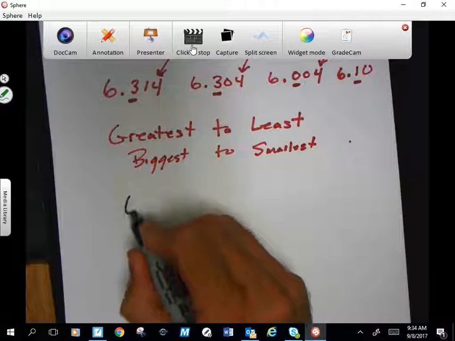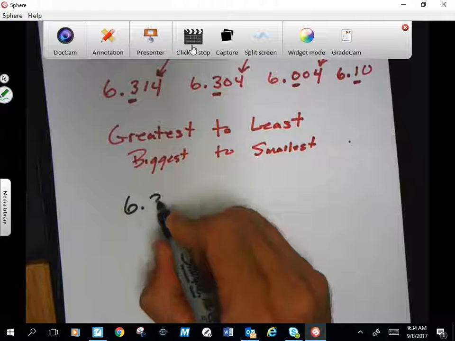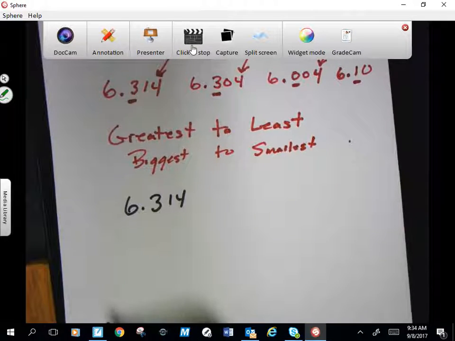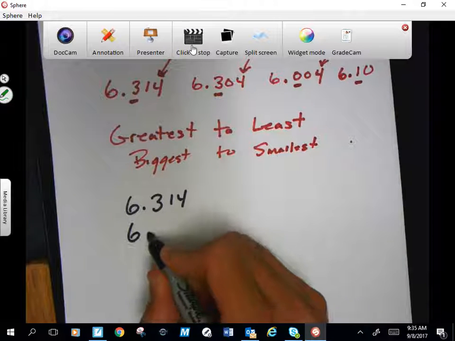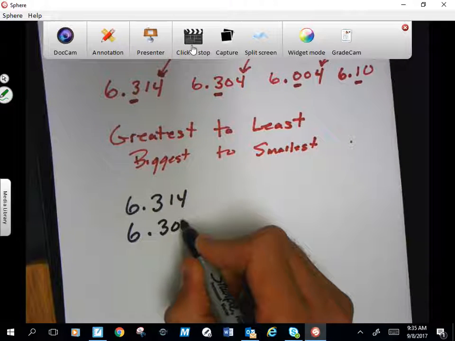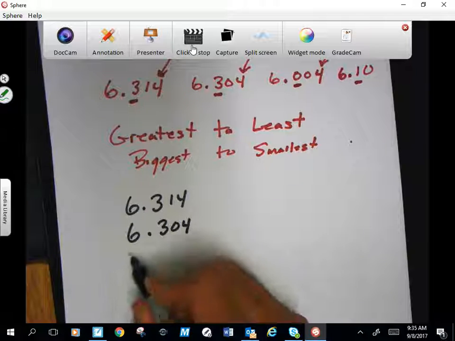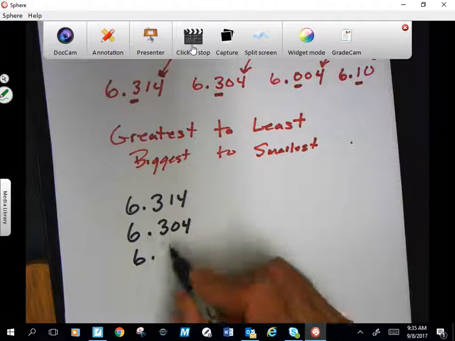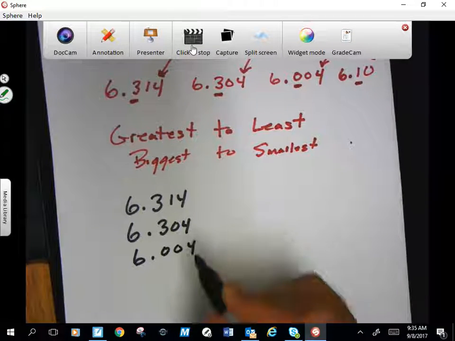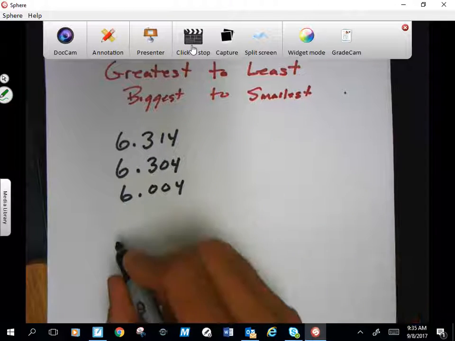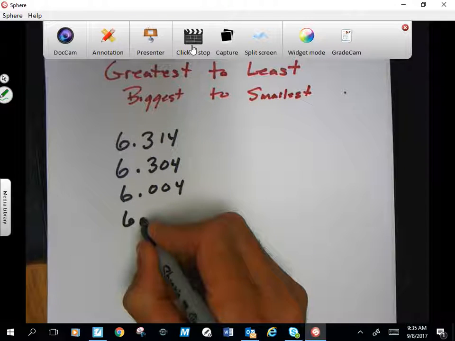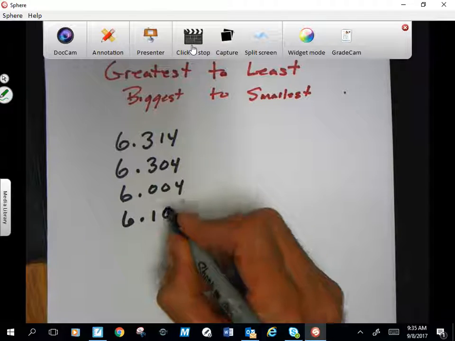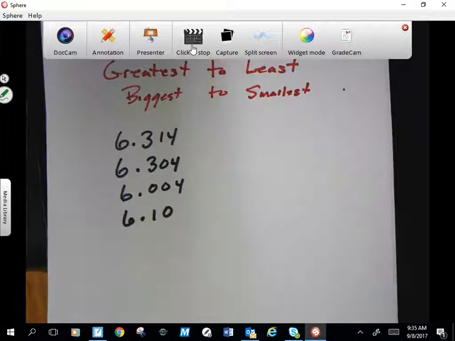So 6 and 314 thousandths, 6 and 304 thousandths, 6 and 4 thousandths, and 6 and 10 hundredths. Okay, so we have all the place value positions lined up.